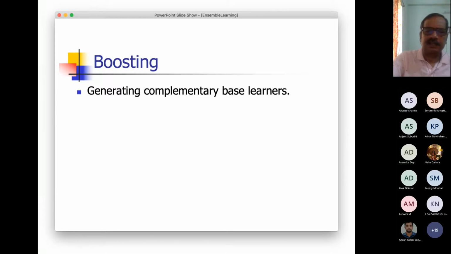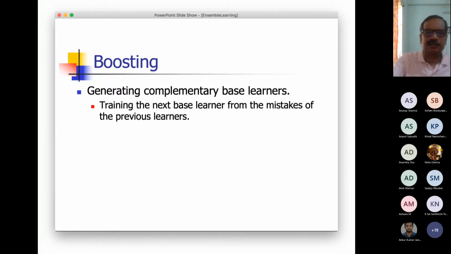So the example, particularly the first boosting algorithm, gives a nice typical flavor of this approach. As you can see, it is trying to find out the mistakes of the previous learners, meaning the incorrect decisions the previous learners took.